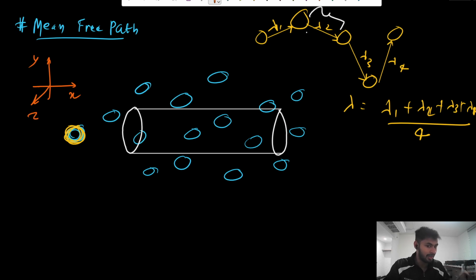If we assume that our motion is constrained to, say, the x-axis, then we can put a cylinder over here.